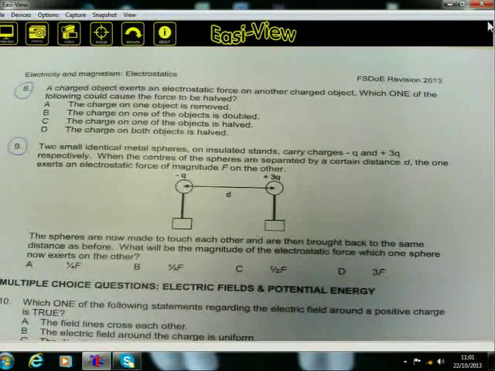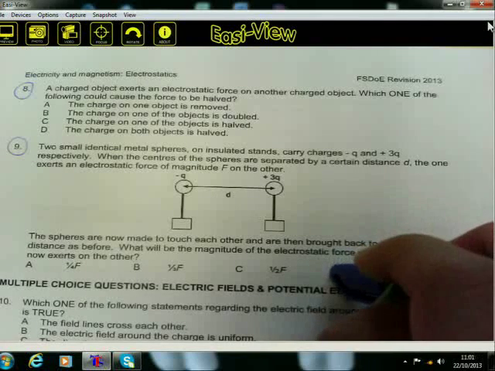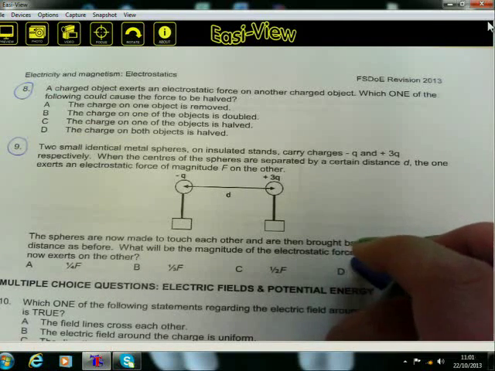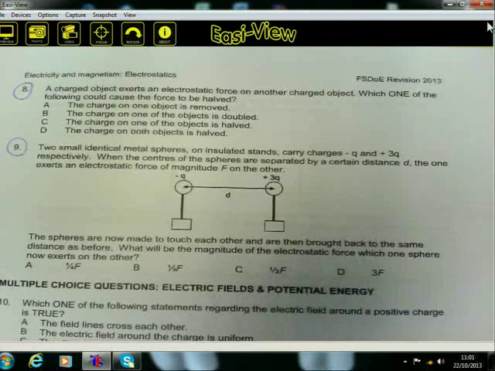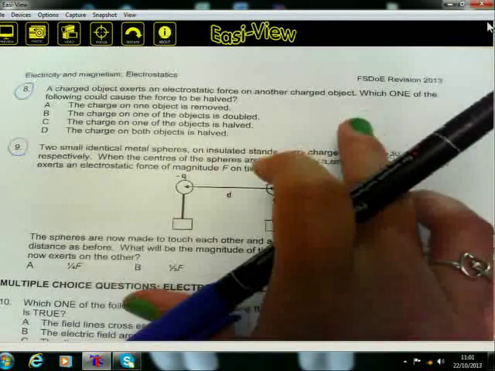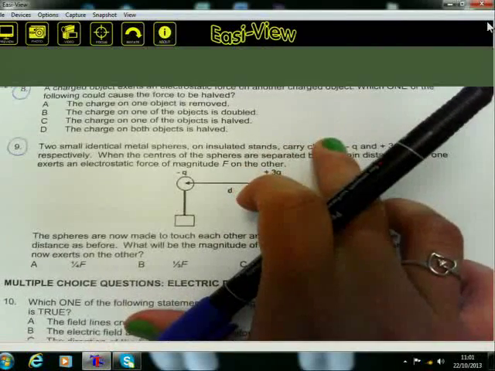It's very important that you guys have these documents. They've been distributed to the school, so if you don't have them, please let us know so we can get them to you. It has the memo and everything with it, so there's no reason for you not to have access to these revision documents.